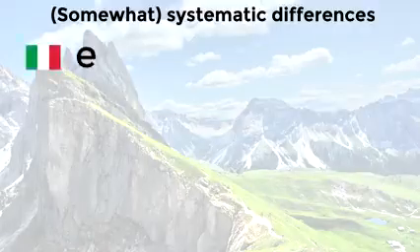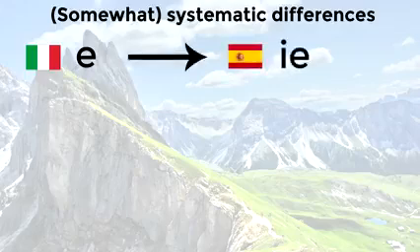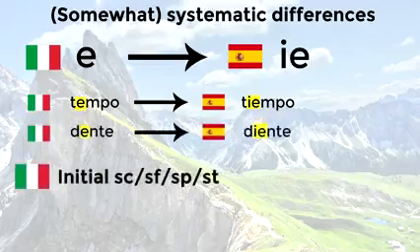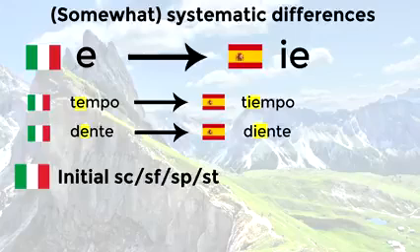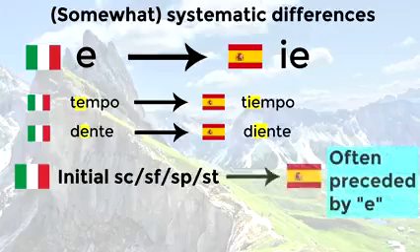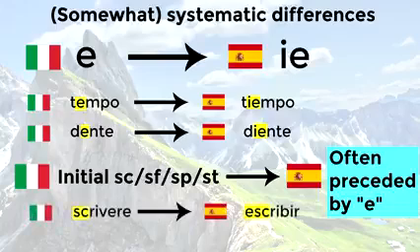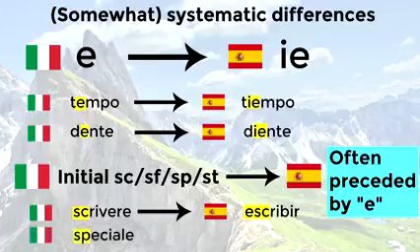For example, E in Italian often becomes IE in Spanish. For example, tempo becomes tiempo, dente becomes diente, and when in Italian you have SC, SF, SP, or ST at the beginning of a word, in Spanish these are often preceded by an E. For example, scrivere in Italian becomes escribir in Spanish, and speciale in Italian becomes especial in Spanish.